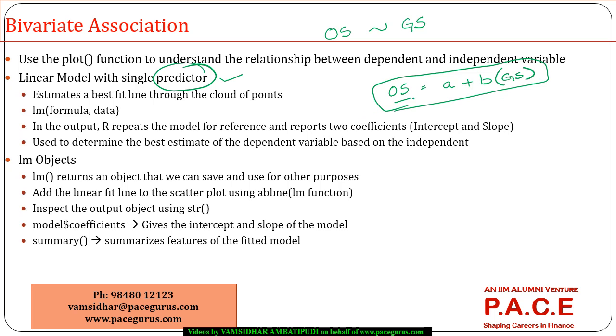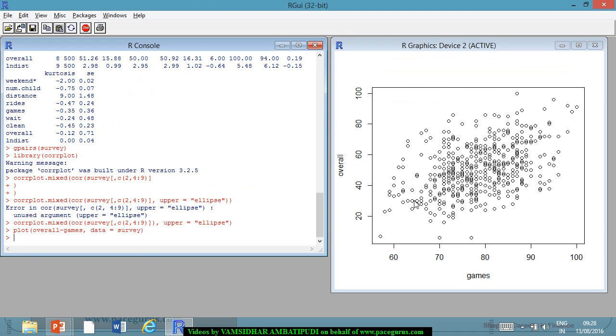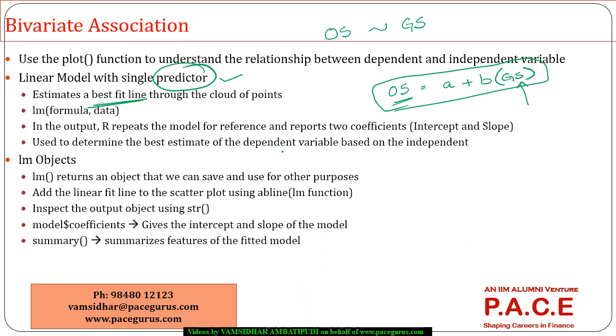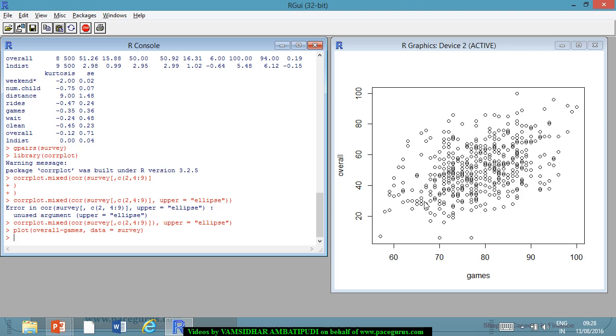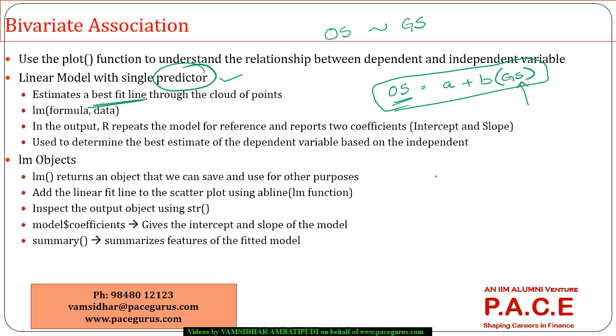It estimates a best fitting line through the cloud of points: one single straight line across all these points. When I say best fitting, the error from all the remaining points is the minimum possible. That is what we call the linear model.